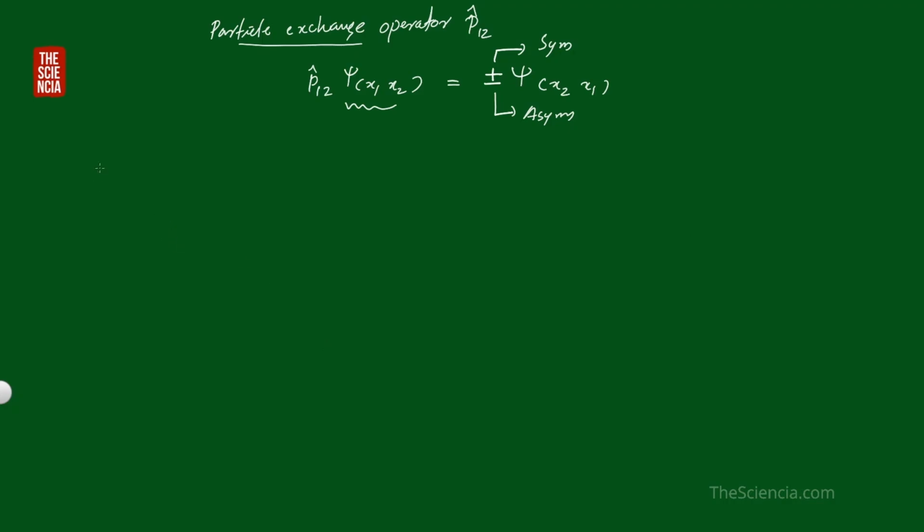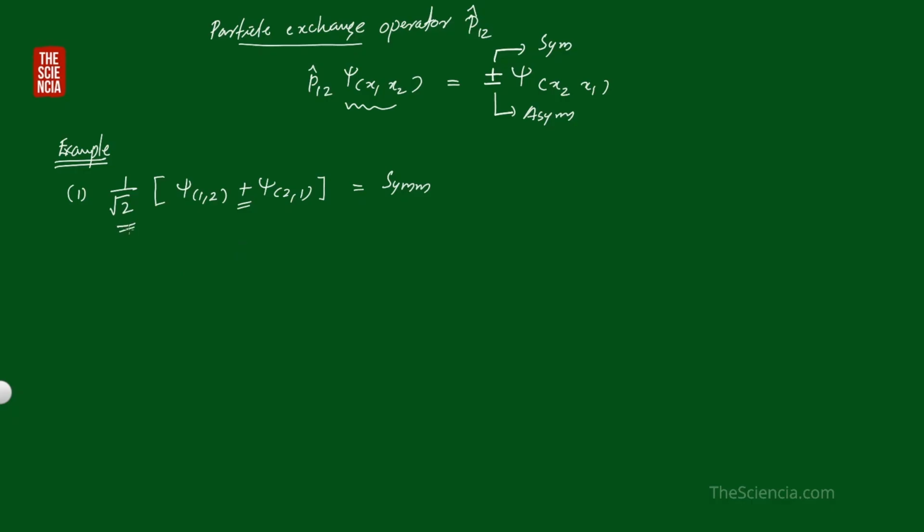Now let us consider some examples of symmetric and asymmetric wave functions. The first one, that is 1 by root 2 into psi 1 2 plus psi 2 1. See, here the sign is positive. That means this is a symmetric wave function. Earlier I told you, if all the signs are positive, then that wave function will be a symmetric wave function.